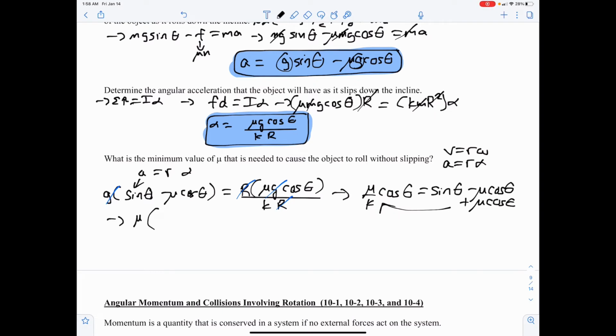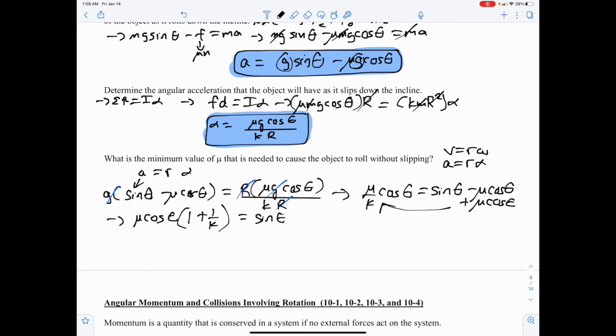Actually I can factor out a mu cosine theta. That's common to both terms. I'm left with a 1 plus 1 over k, and that's going to be equal to the sine theta that's left over.